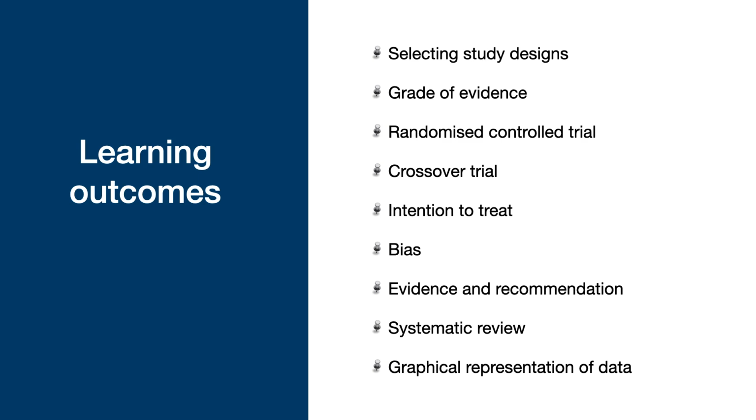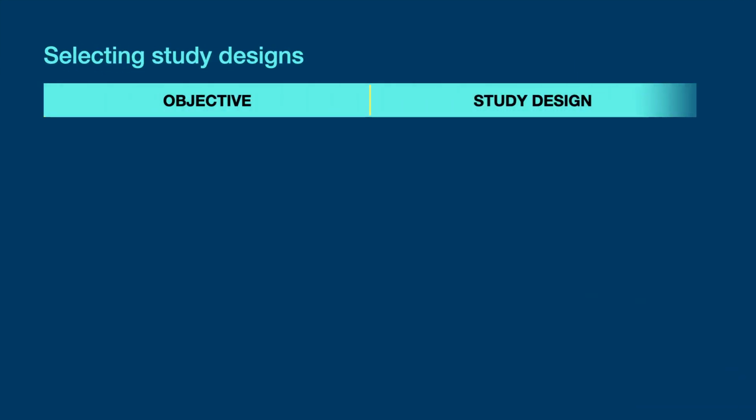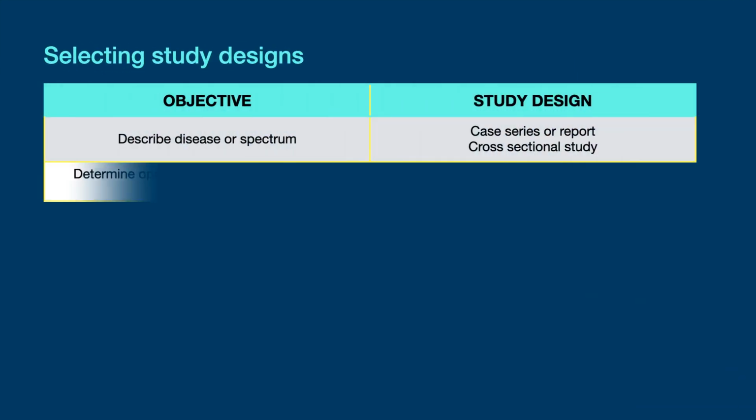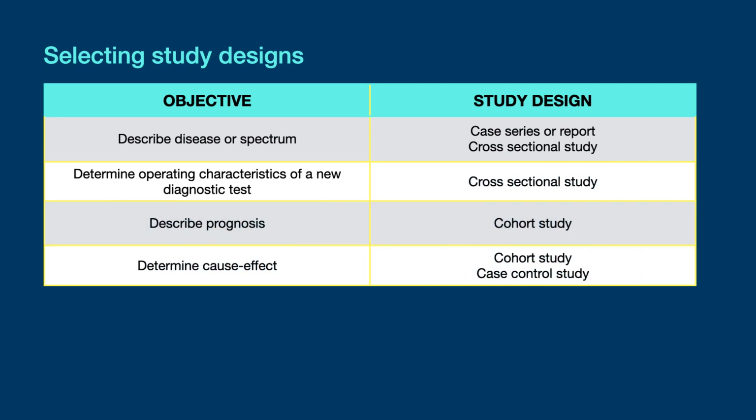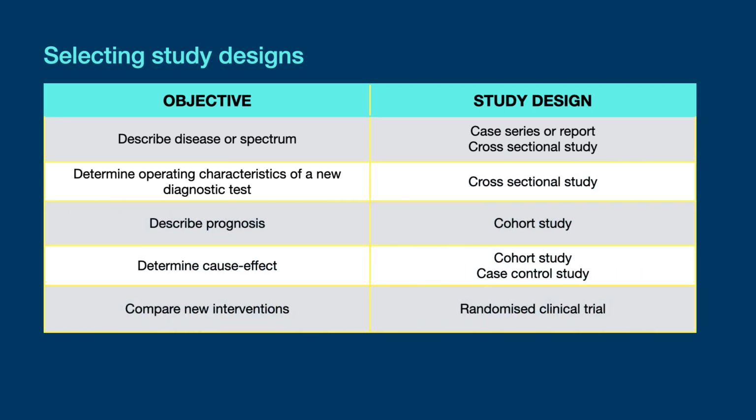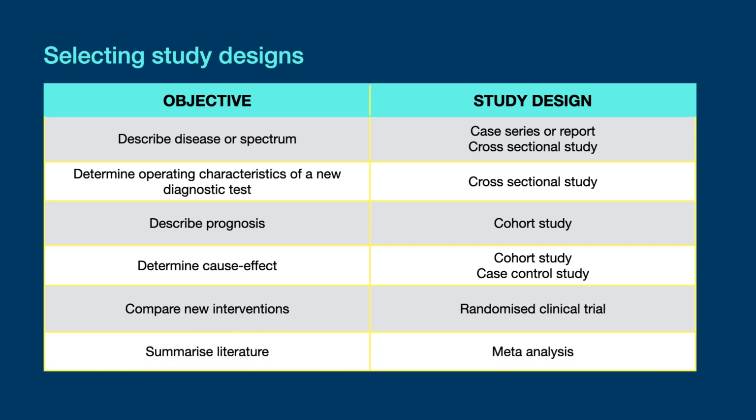Let's get started. This table shows how a study design can be selected to match the respective research goals. If you'd like to describe a disease or spectrum of a disease, you may do a case series or report, or a cross-sectional study. If you are determining operating characteristics of a new diagnostic test, a cross-sectional study is appropriate.